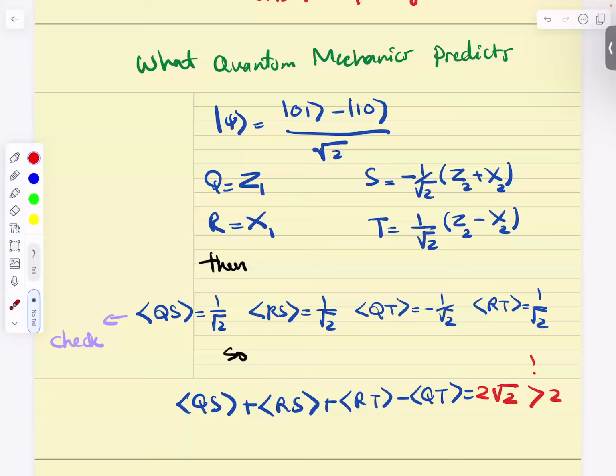You know how to calculate expectation values of these observables. You add them up in this state, you get 2 square root 2, which is larger than 2. All right? Here's an opportunity to prove realism wrong or quantum mechanics incomplete. Good? I think it takes some staring at these equations, but first you have to do that calculation. Once you start calculating the first term, you see how it works. It's pretty obvious.